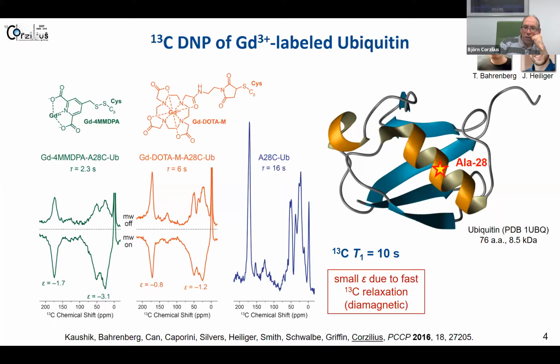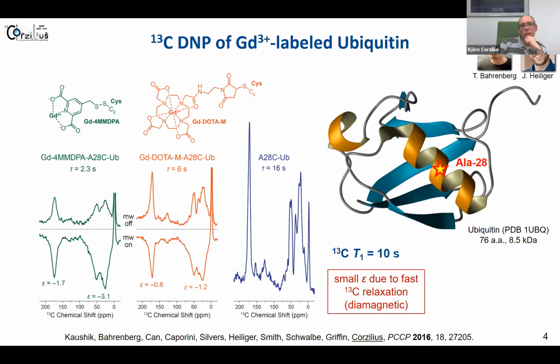For N15, it has been shown by Henrike Heise, for example, that ammonium groups, so protonated amino groups, can also show this cross-relaxation. However, the activation barrier is significantly higher than for methyl groups. So usually this only occurs at elevated temperatures.